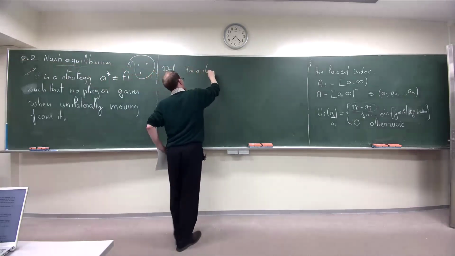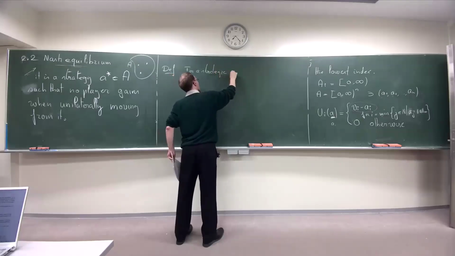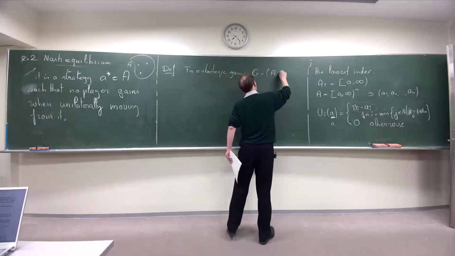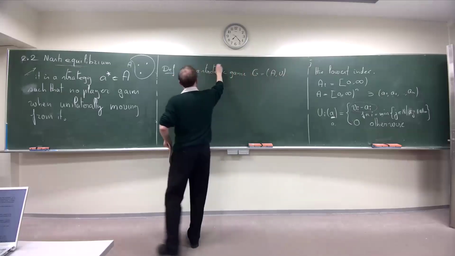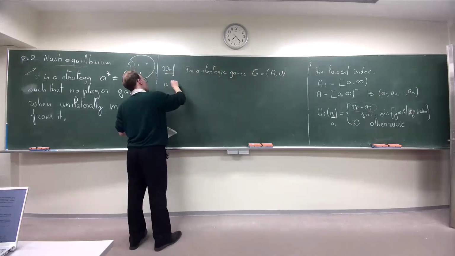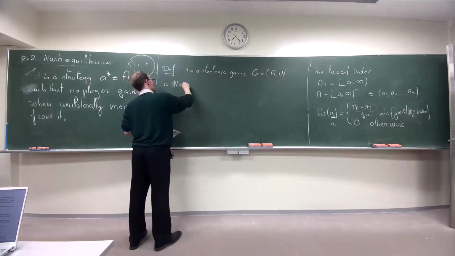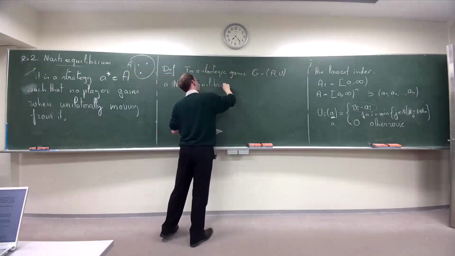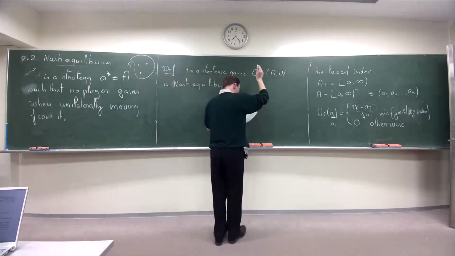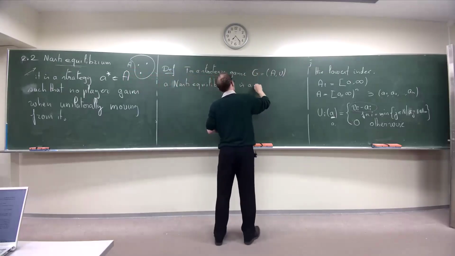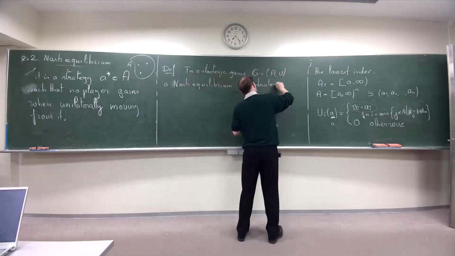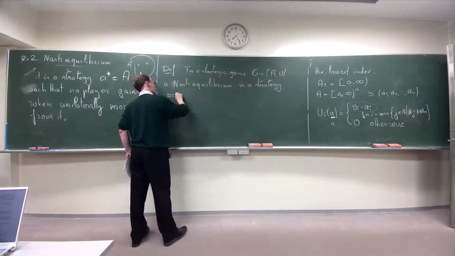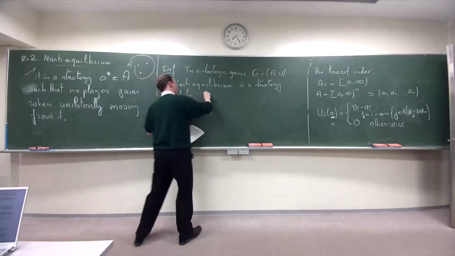For a strategic game, remember it's written A, U. For a strategic game, a Nash equilibrium is a strategy profile. A strategy profile, so it's a point A star.